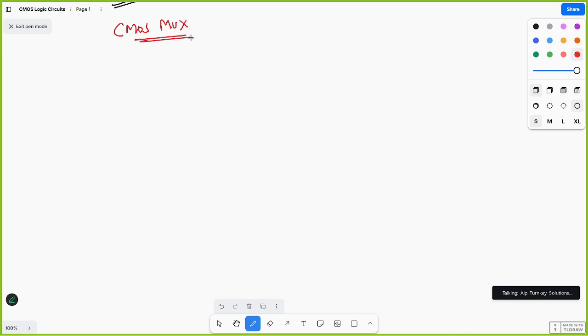Here we will take the simple multiplexer, that is a 2 cross 1 mux. You know the functionality, no? In digital we already saw this. How many inputs and how many outputs? 2 inputs, 1 output.